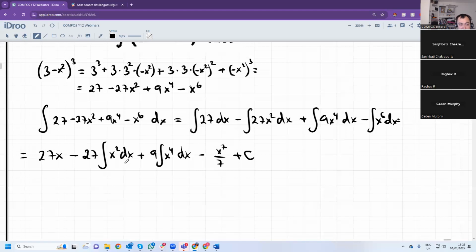Now, technically, for each integral I need a plus c. But then I would have c plus c plus c plus c. Would that make it 4c? Not really, because c can be anything. So technically, it has to be c1 plus c2 plus c3 plus c4.